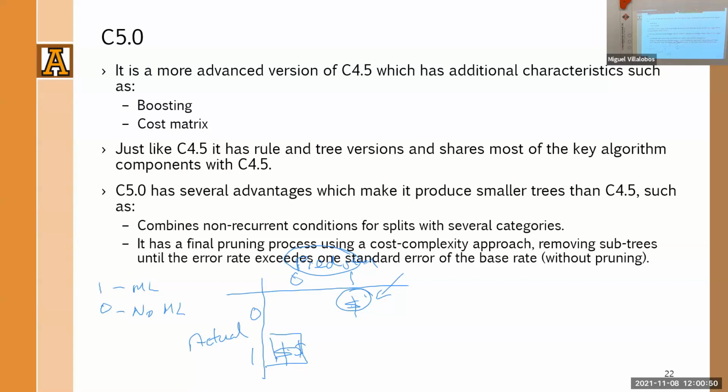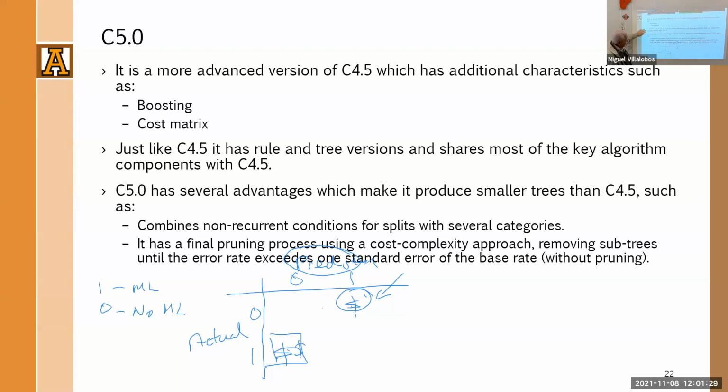There's no penalty. And here I can have a penalty. I don't know if you remember the HSBC case of a few years ago. They found that they were doing several money laundering transactions with one of the customers, or several customers, and the fine was very, very large, millions of dollars. So this capability of incorporating a cost matrix is in the C5.0 algorithm and not in the C4.5. So those are the two advantages.